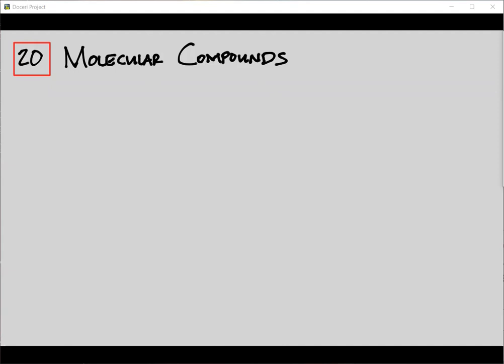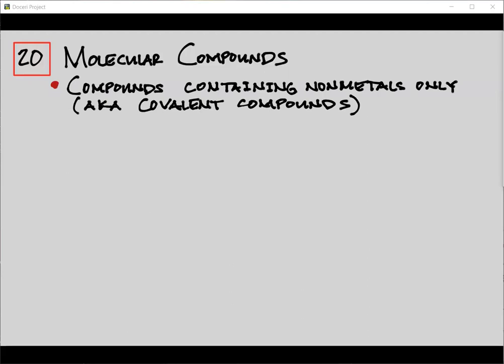Naming molecular compounds is personally a lot easier compared to naming ionic compounds, just because all you have to do is use prefixes. Molecular compounds are compounds containing nonmetals only, and they are also known as covalent compounds. So let's take a look at these prefixes here.